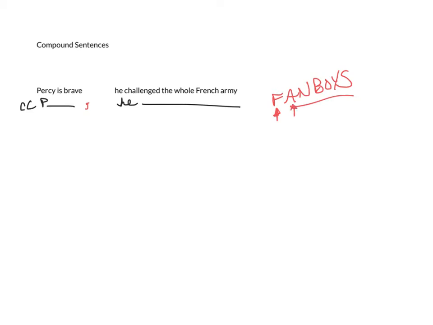And means two ideas are similar. Nor means that you have two things, neither of which are true. But means there's a difference. Or means there's a choice. Yet means there's a difference. So is a cause and effect word. It's just a different cause and effect word than for.